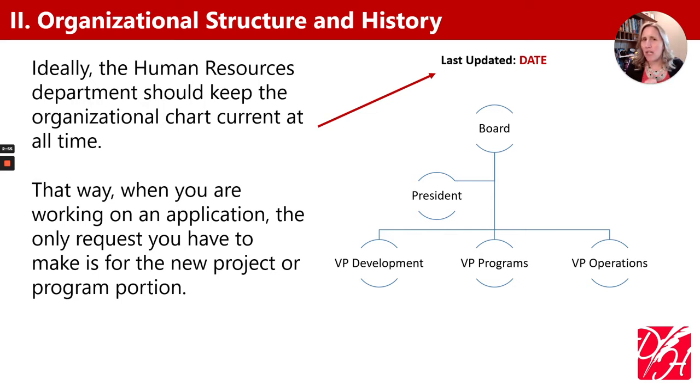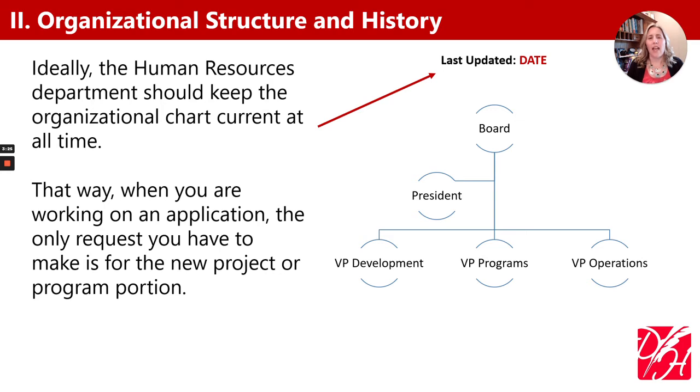Unless you happen to be a grant professional who is also wearing the hat of human resources, you'll be relying on a grant team member from the Human Resources Department to help you keep this very common grant attachment current. What we want to have is a current organizational chart that reflects our current structure in terms of our programs, our services, and as I mentioned just a moment ago, with the current titles.